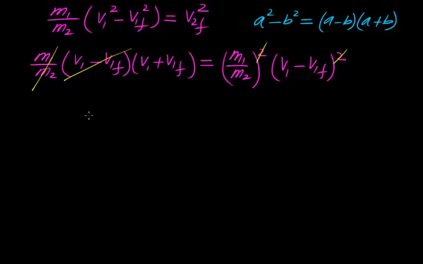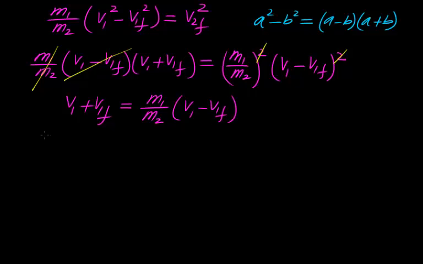The simplified expression has the following form: v1 plus v1 final equals m1 over m2 times v1 minus v1 final. Notice that this expression has only one unknown variable, which is the v1 final. Let's try to isolate it.